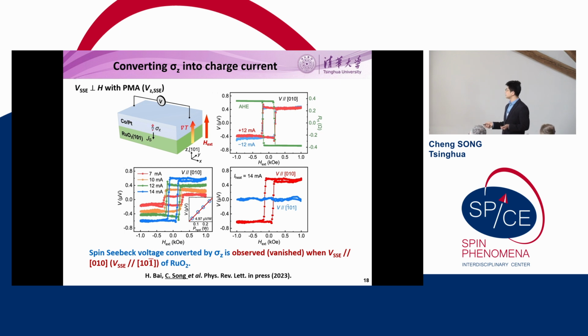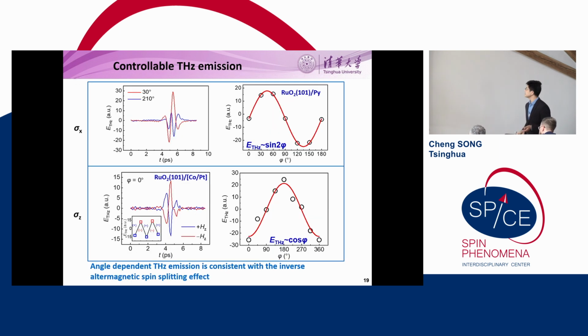We also summarize the heating current dependent signal. The signal increases with a larger thermal gradient. When the measurement voltage is along the 010 direction, we measure a very large signal. When the measurement voltage is along the -101 direction, there is no signal at all.